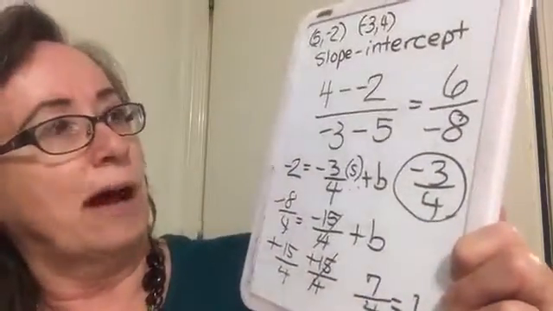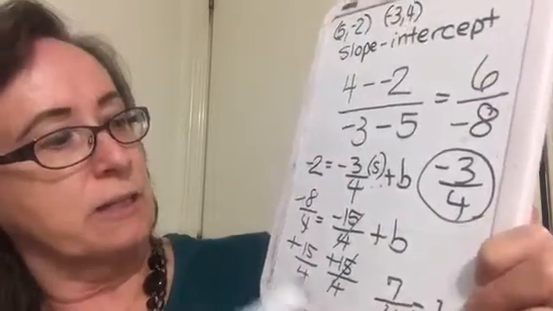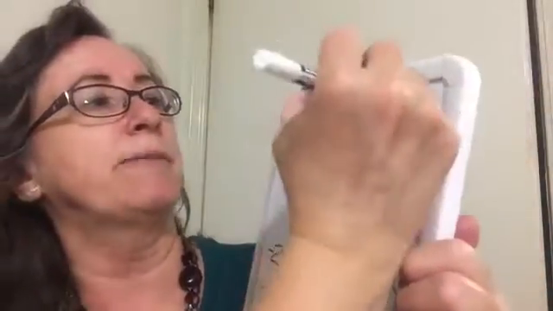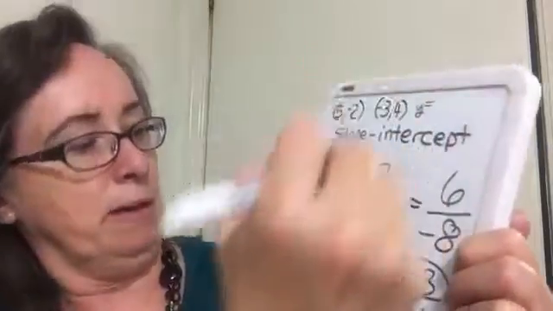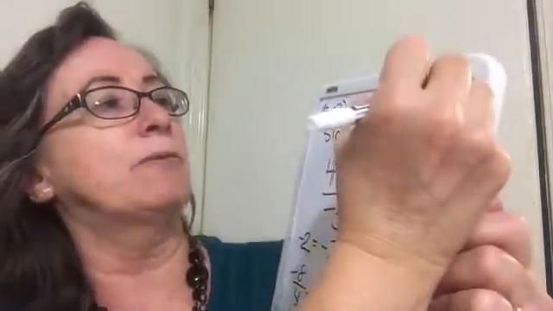Okay, so I wind up with the equation of the line: y is m, and our m was -3/4, x plus 7/4.